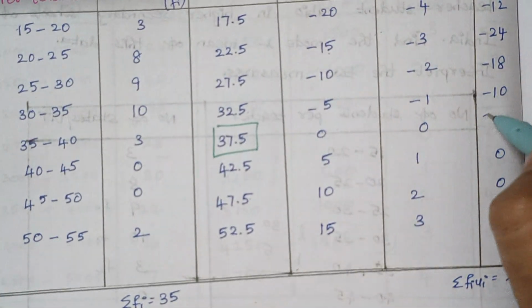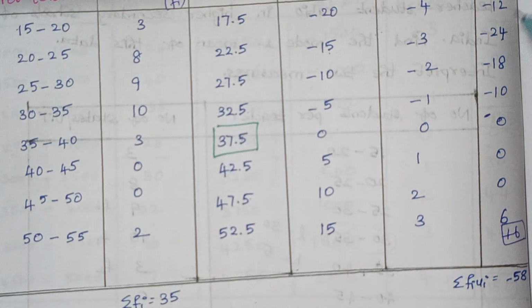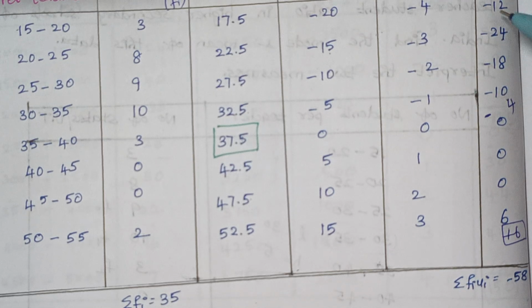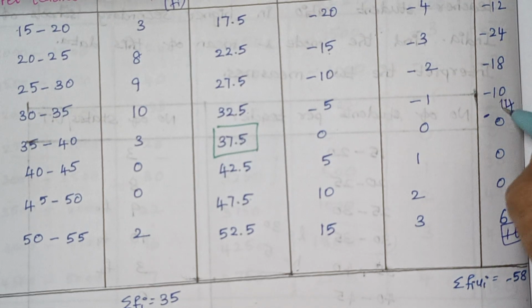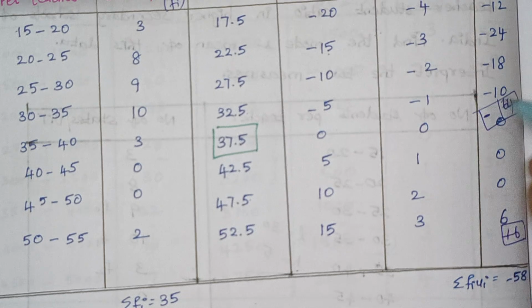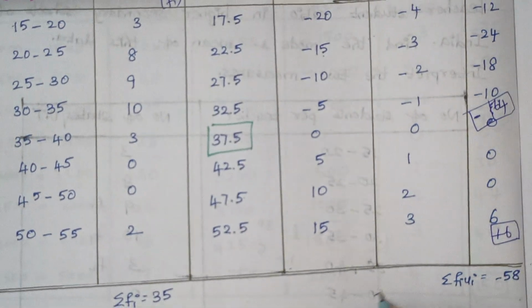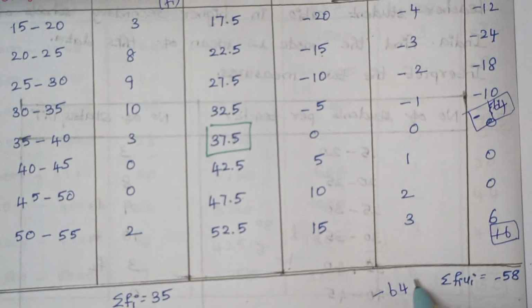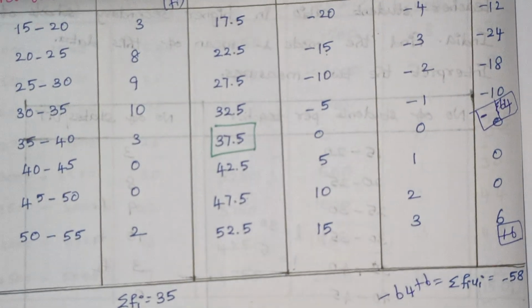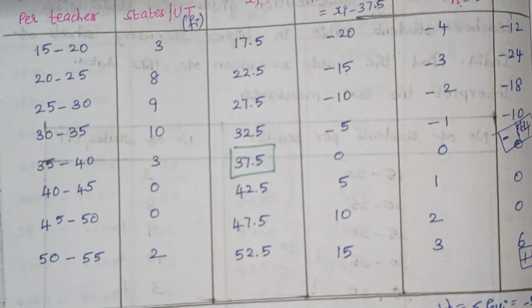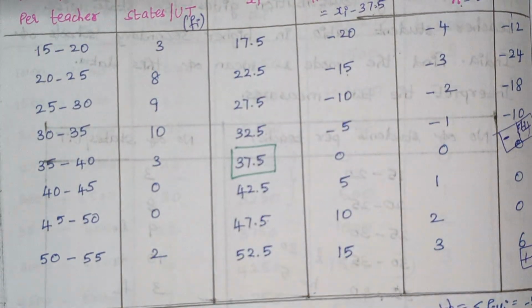When you add all of them, you see 8 plus 4 is 12, 12 plus 2 is 14, and so on. Here we are having minus 64, right? So minus 64 and plus 6 gives you the answer minus 58. So summation of fi, as you all know, just add all these numbers.